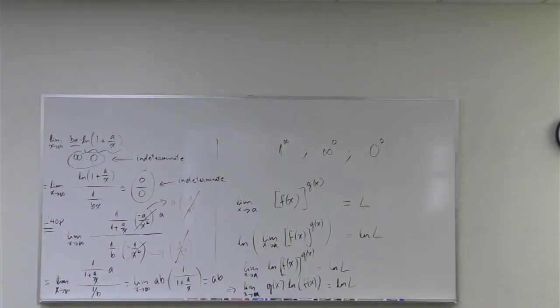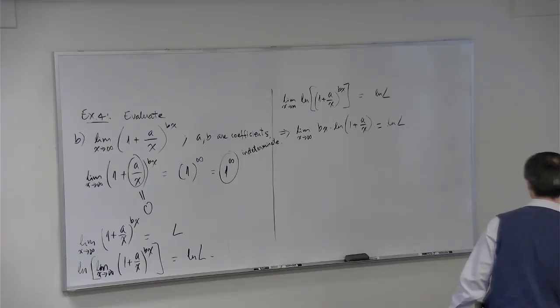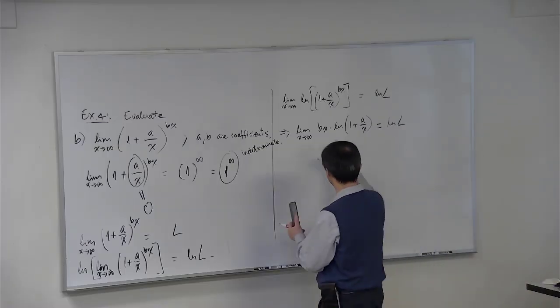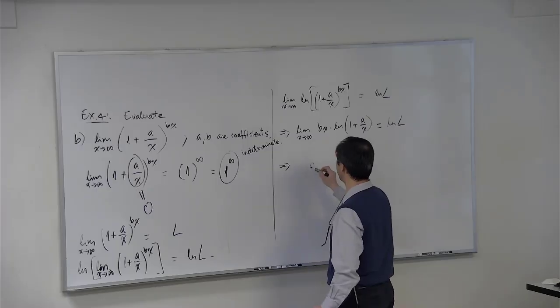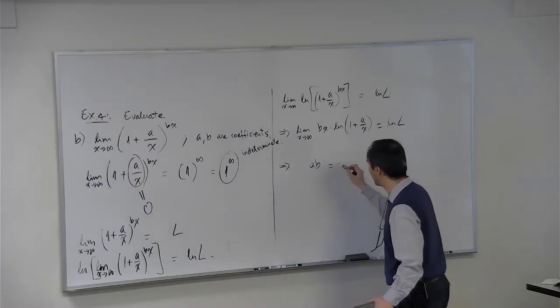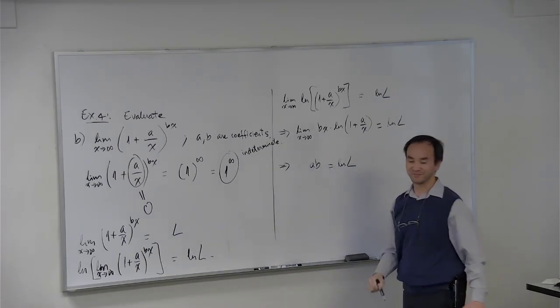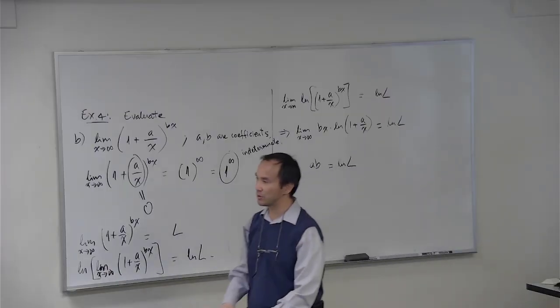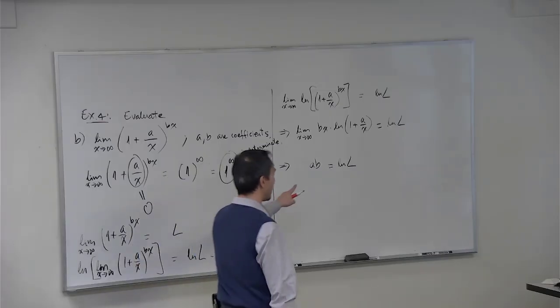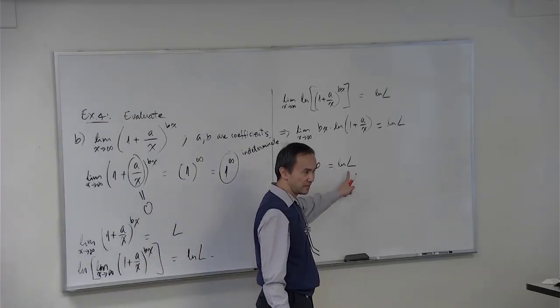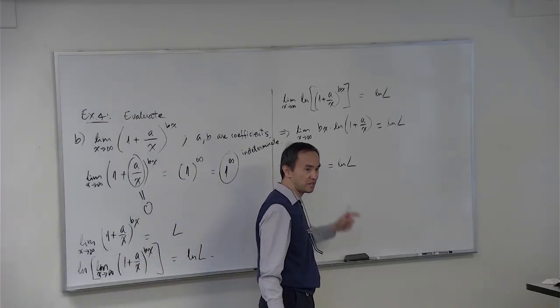So now we can bring it back to this work. The entire left-hand side is derived to be just the limit ab. The limit ab equals natural log of L. So our real limit that we were looking for is L, still currently unknown, but we have a relationship. Natural log of L must equal ab.